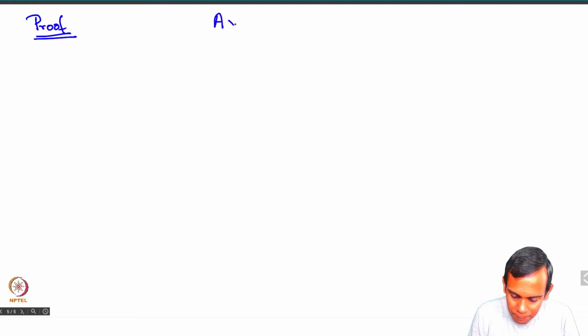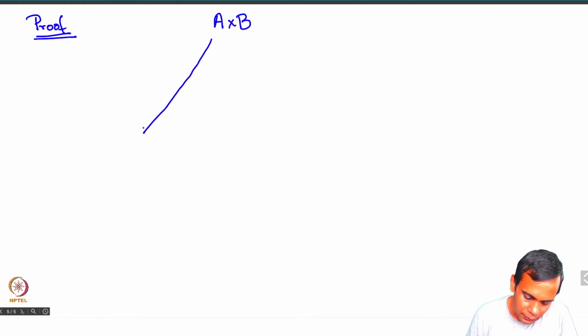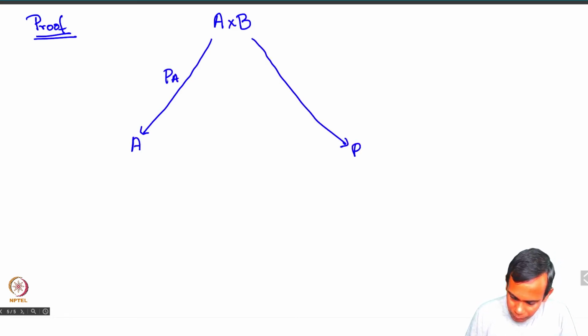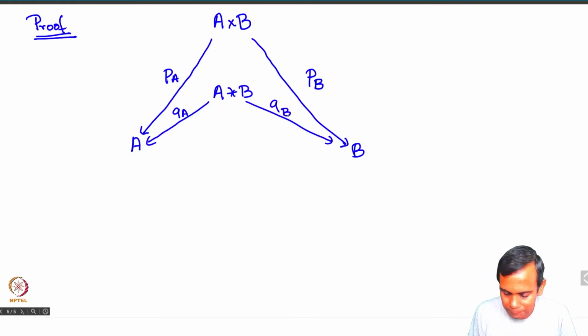So we have A cross B, and we have these projection maps, P subscript A to A, and we have a projection map to B called P subscript B, and then we have A star B, and we have the projection map Q subscript A, and we have projection map Q subscript B. And what the universal property or the definition of the product says, that the fact that A star B is a product, then we can take C to be this object A cross B, and we can take FA to be PA and FB to be PB in the definition of the product.